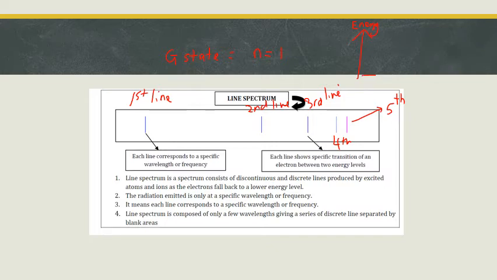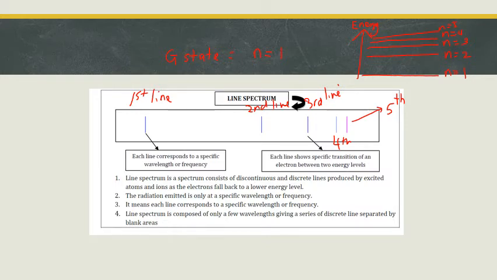Okay. Ni N sama dengan 1. Now sekarang first line ini terbentuk, I ada N sama dengan 2. And I ada N sama dengan 3. I ada N sama dengan 4. And then I ada N sama dengan 5.